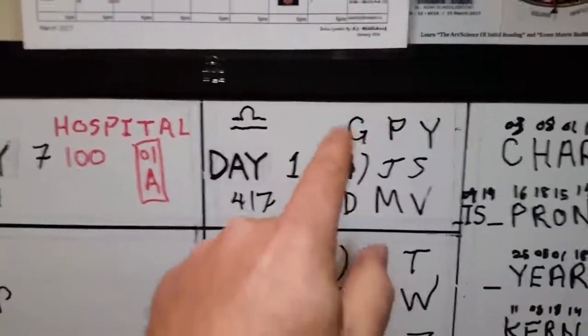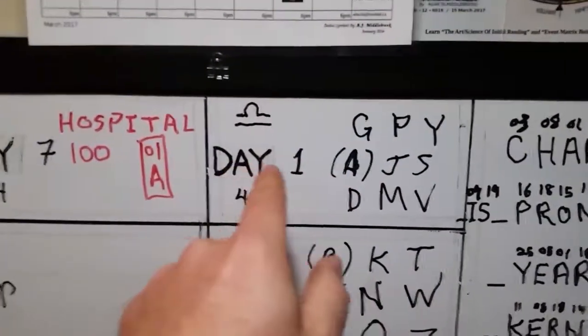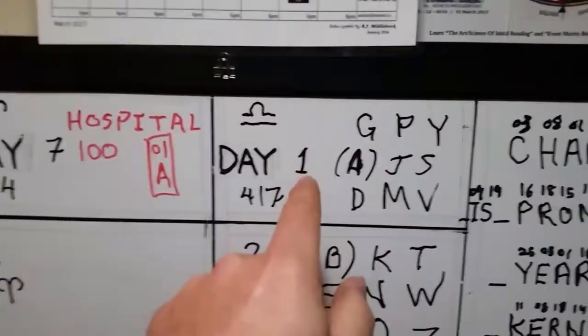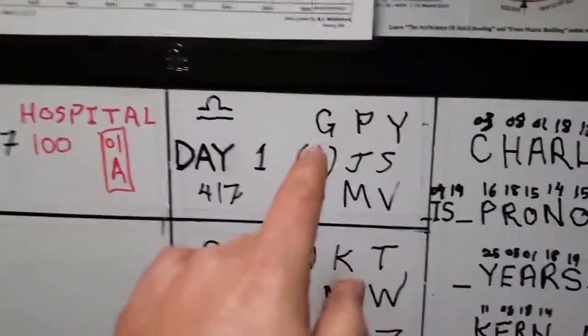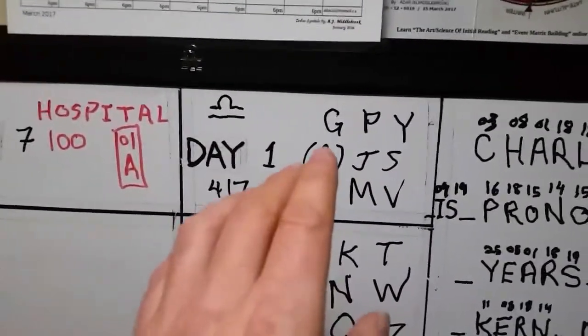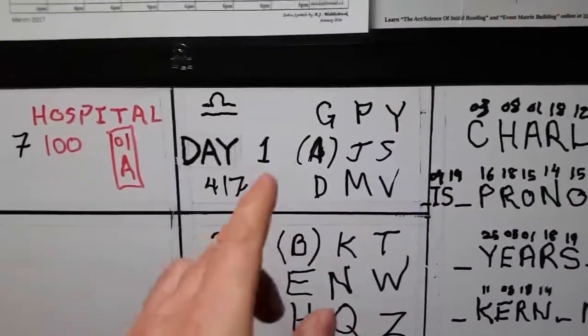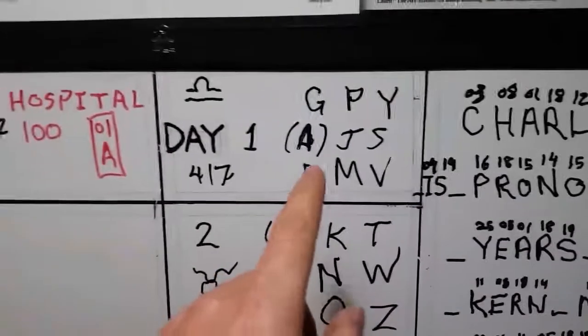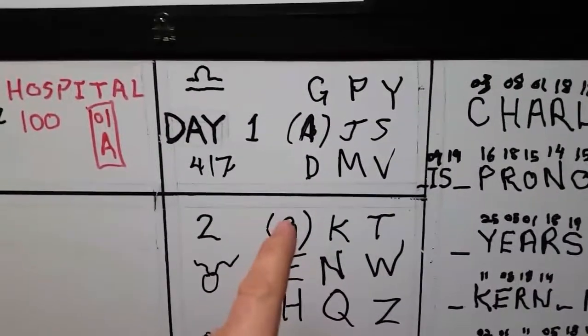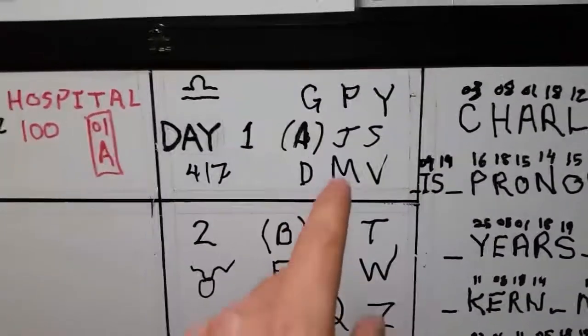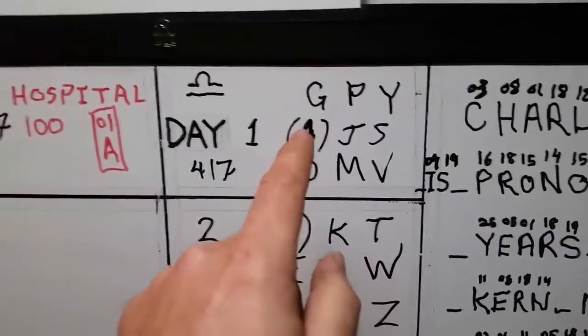That's A. The A is bracketed because it's weekday 1. All right? Now, so we can point to this and say hospital. Now, hospital, a dead body. Kern Medical Hospital.